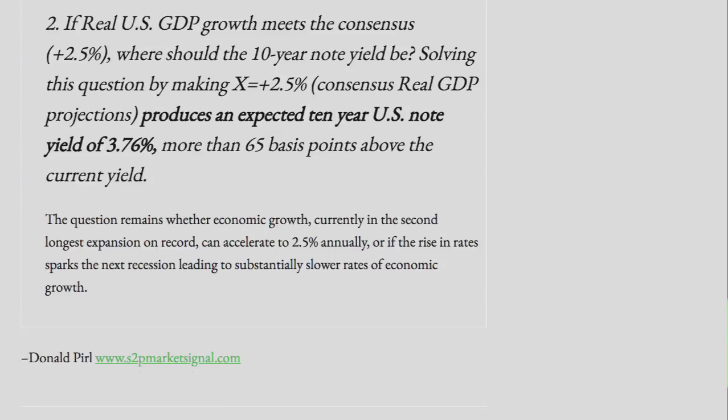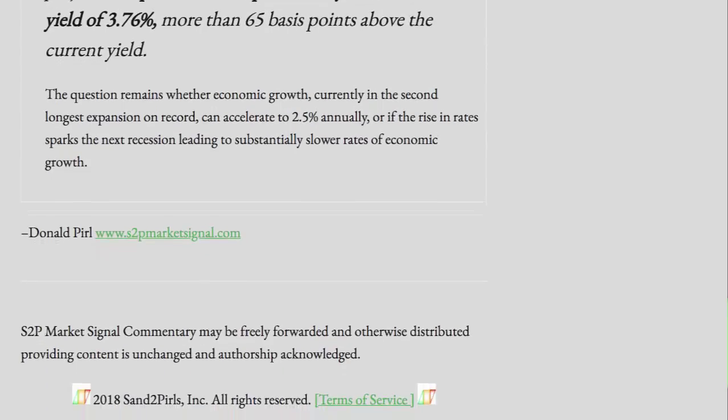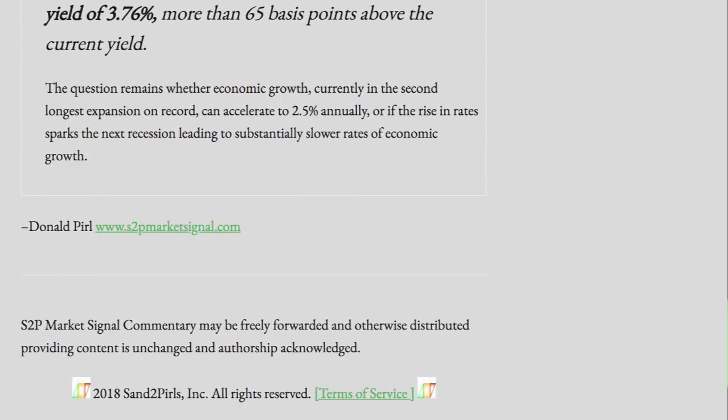Number 2. If real U.S. GDP growth meets the consensus, positive 2.5%, where should the 10-year note yield be? Solving this question by making X equal 2.5%, consensus real GDP projections, produces an expected 10-year U.S. note yield of 3.76%, more than 65 basis points above the current yield.